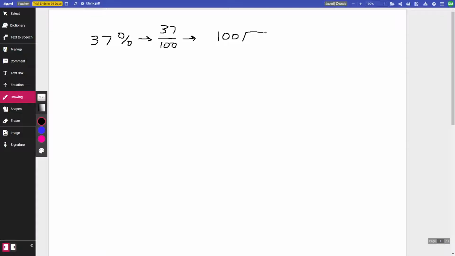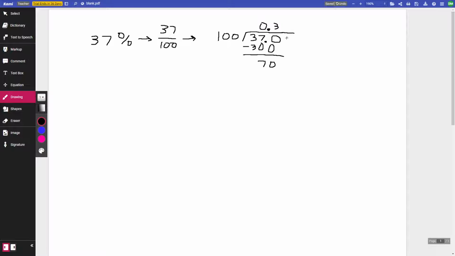So we've got 100 into 37, and 100 does not go into 37, so I'm going to add a decimal place and a 0 here, and then up here I'll put a 0, and 100 goes into 370 three times. So 3 times 100 is 300. So that is going to leave us with a remainder of 70.